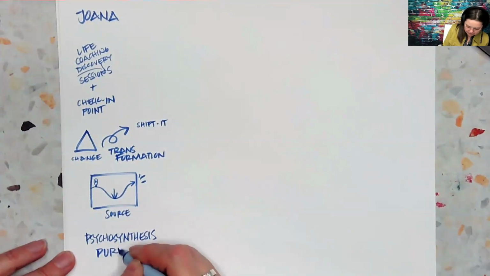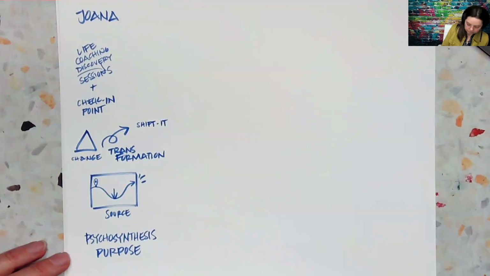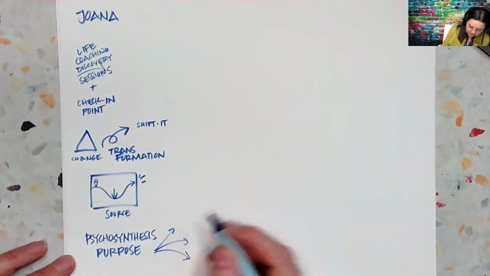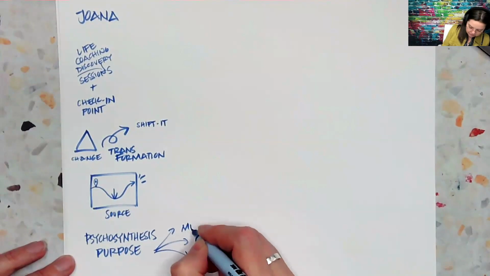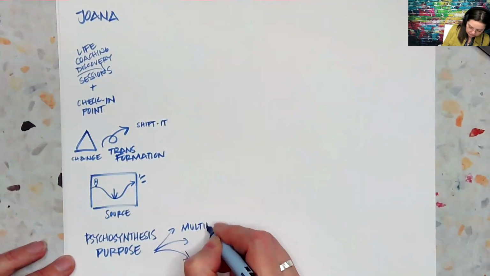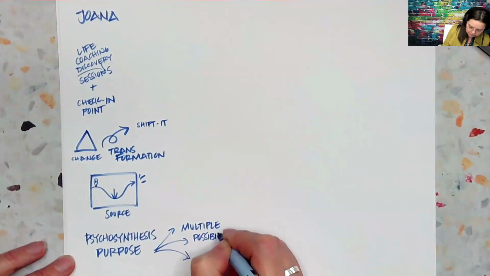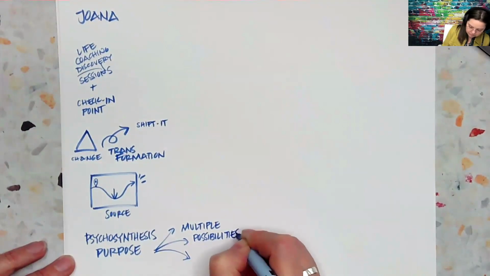Great. And that purpose could be a life purpose, or it could be a purpose that is calling people right now. And then we explore multiple possibilities to live this purpose. And then we choose something to test, and that is usually an action item for the person to explore. Mm-hmm.